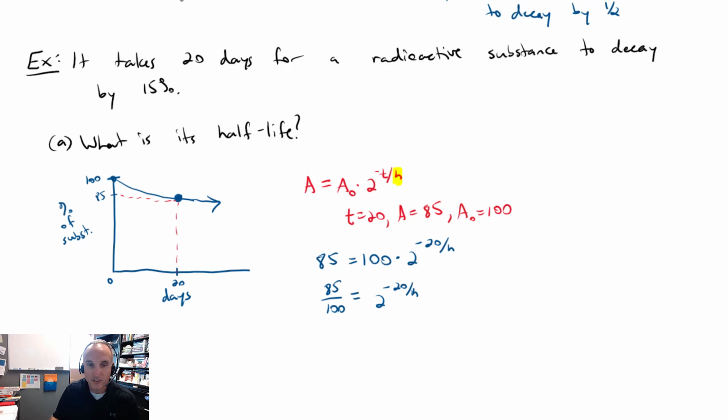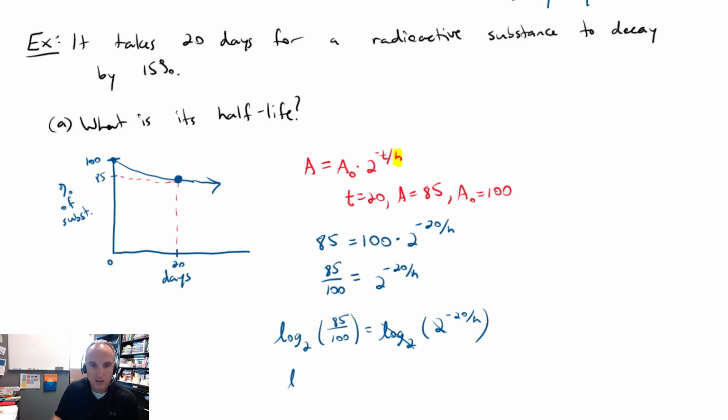Now I need to get rid of the base of 2, so I'm going to take a log base 2 of both sides. And on the right side, the log base 2 cancels with the exponential of base 2. So I can see log base 2 of 85 over 100 equals the fraction negative 20 over H. So now I need to get H by itself.